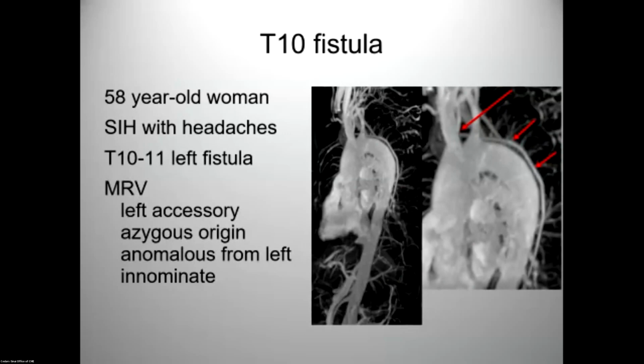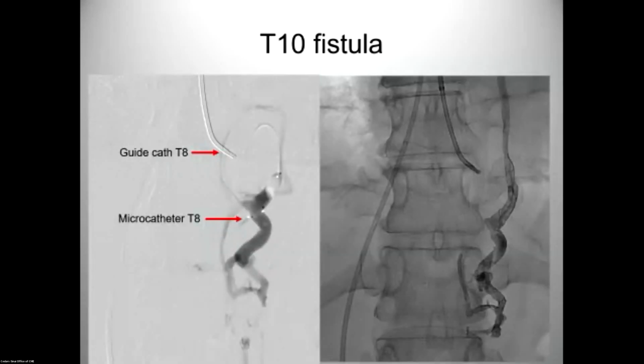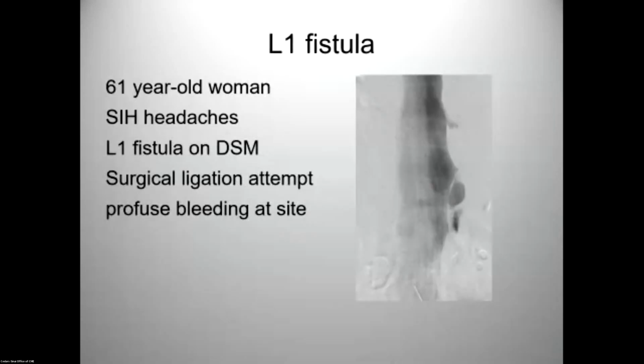But in this one, the hemiazygos had an accessory origin from the innominate. You see this small vessel coming on. So that gave us an indication of how to go about it. And eventually we were able to get into that left T8 and then find our way back to that accessory vessel and deposit the Onyx material in the foramen.